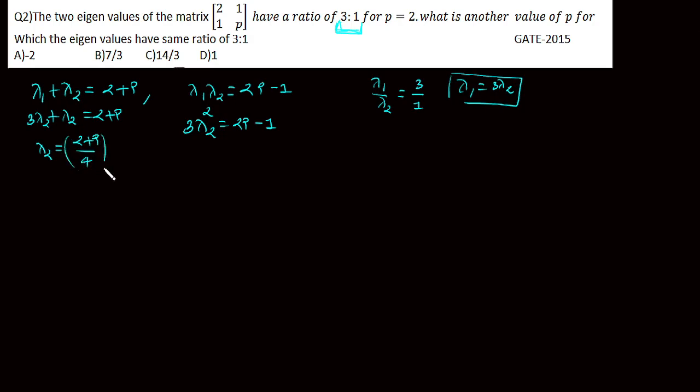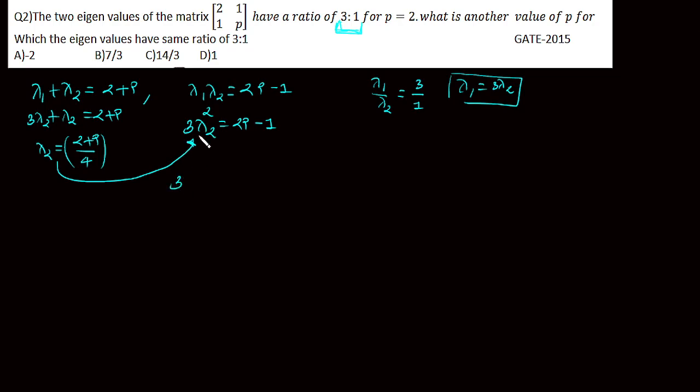Okay, so we have got the value of lambda 2 in the terms of p, which is here the variable, and we have to find the value of p. So let's replace this lambda 2 here, and after that we are getting the equation in terms of p square. From that we can find the value of p. So let's do it.